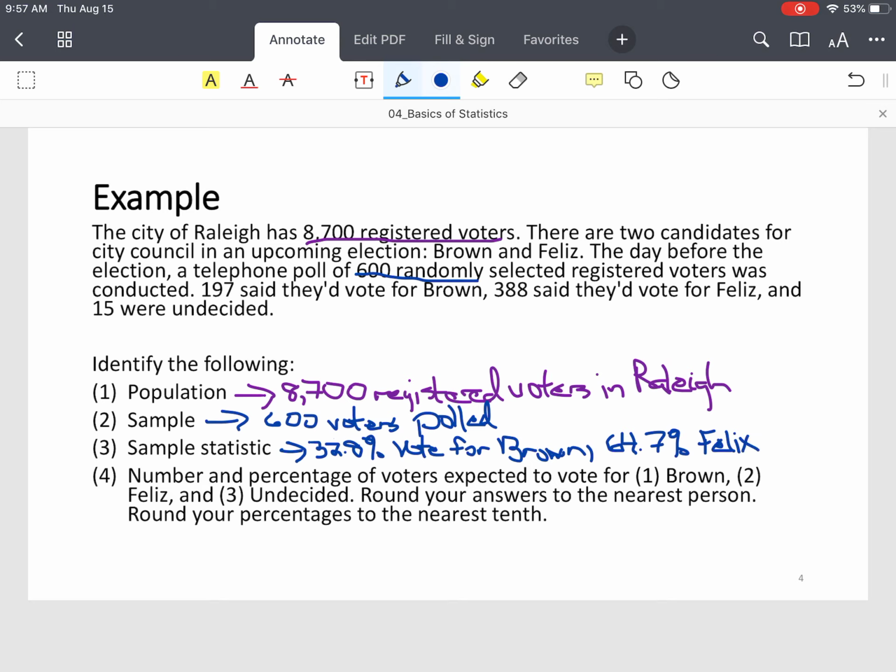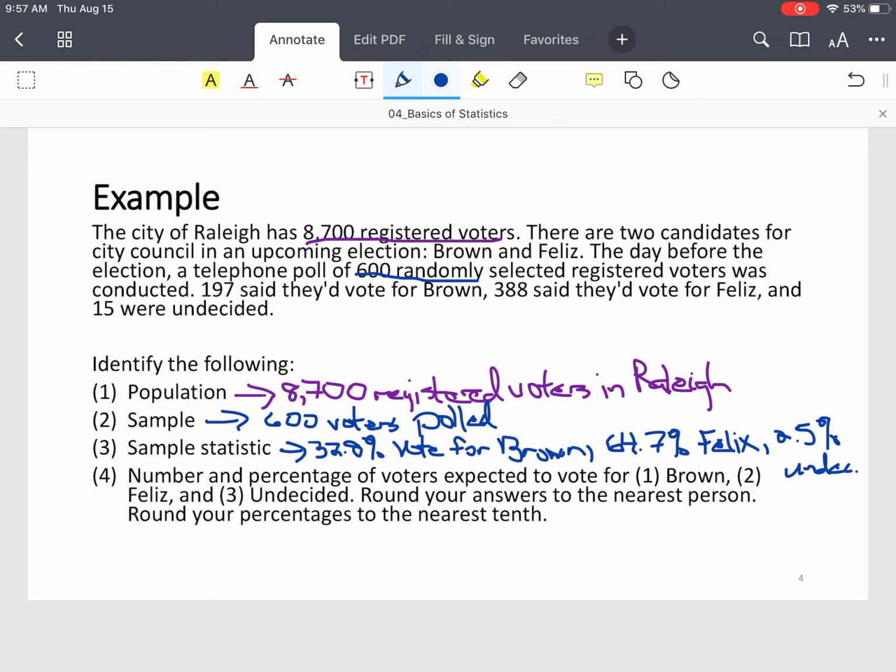And then we've got 15 out of 600 are undecided, which is, in this case now, it says we're going to go to the nearest tenth, all right? So 2.5% are undecided.